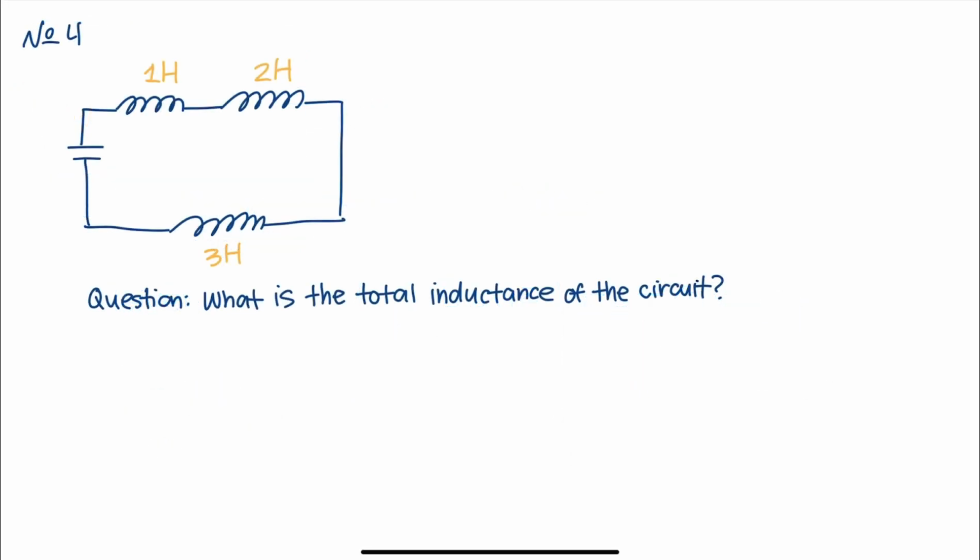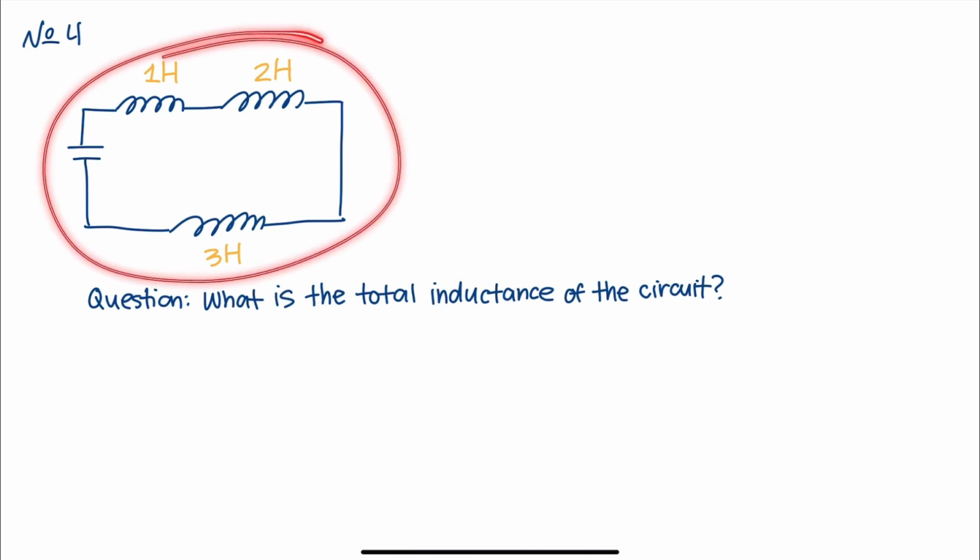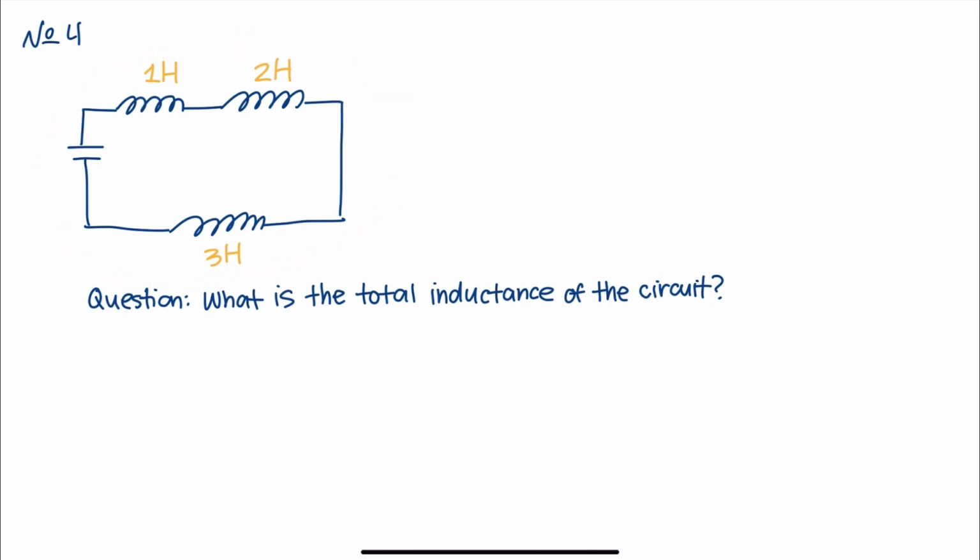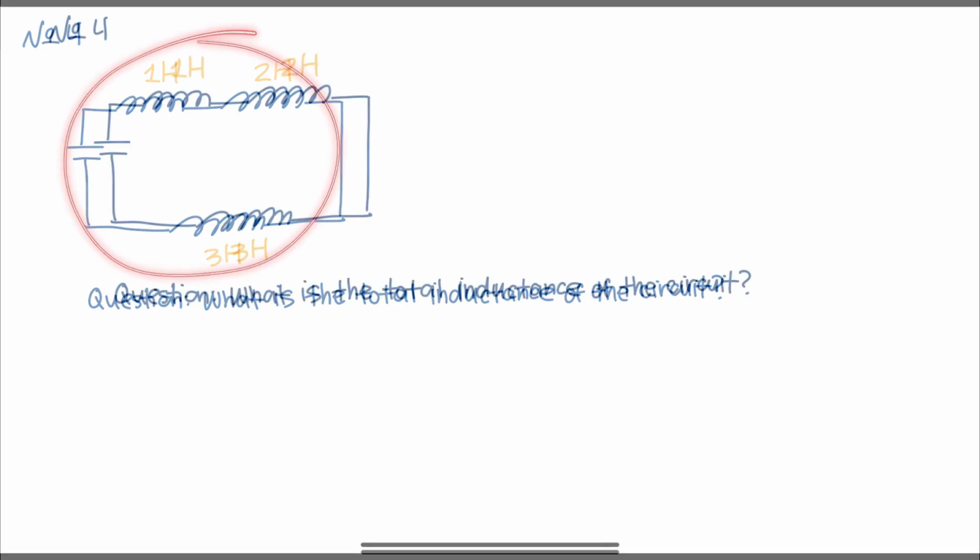Question number 4 is also about a circuit. Here we have one, and the question asks, what is the total inductance of the circuit? This is a simple one. So to get the total inductance of the circuit, we just need to sum everything up.